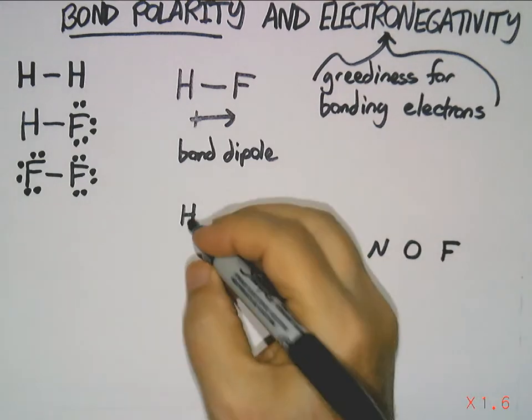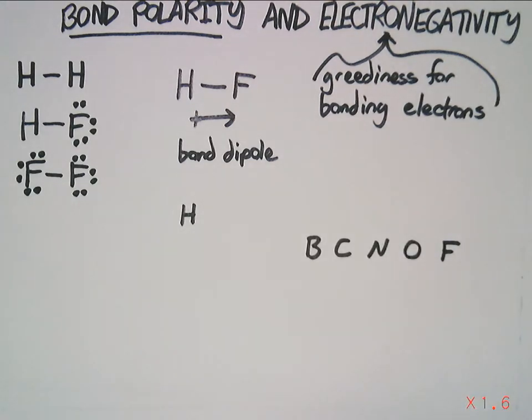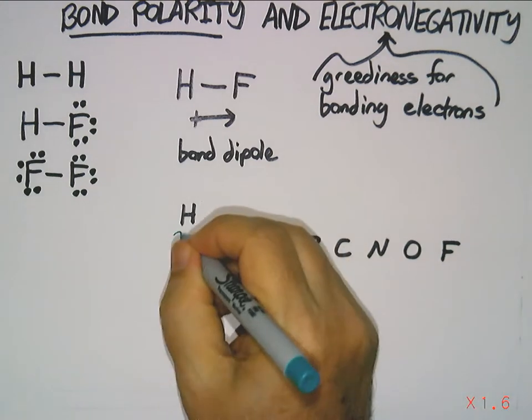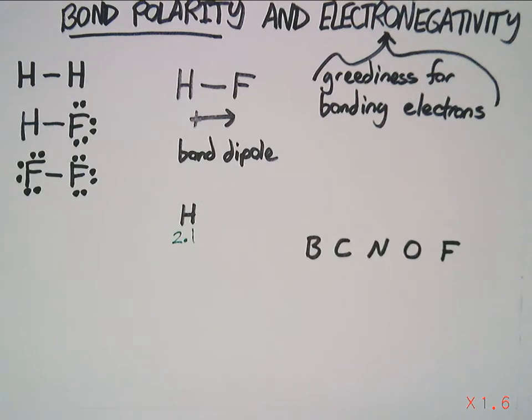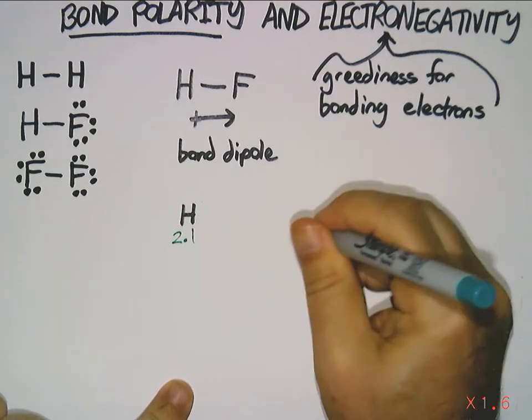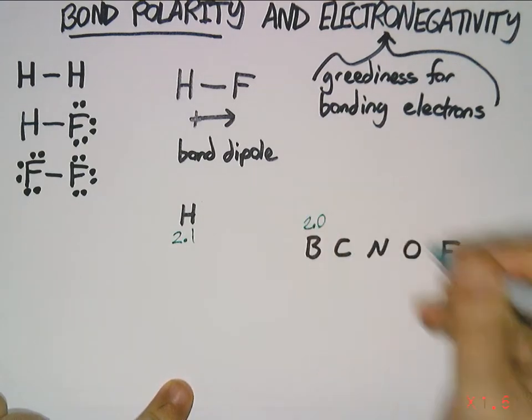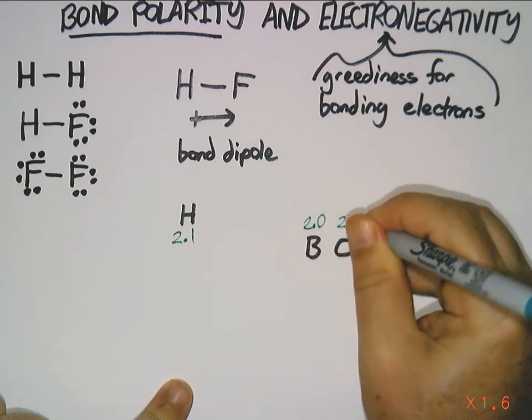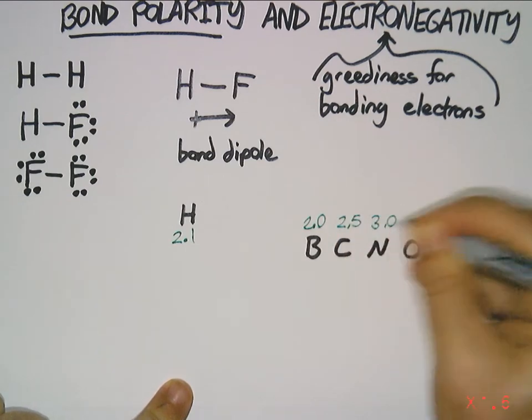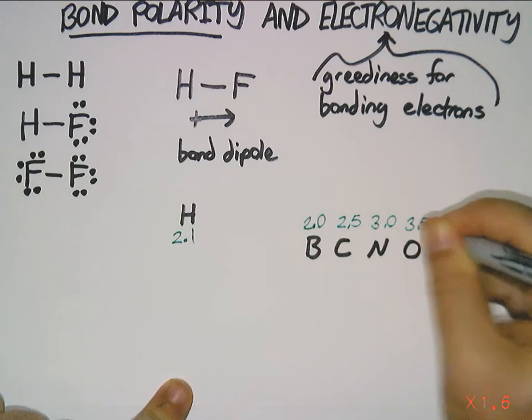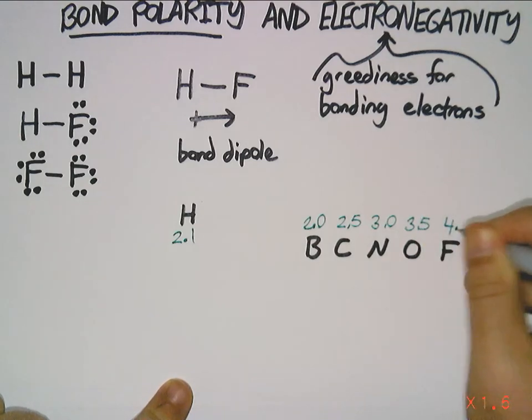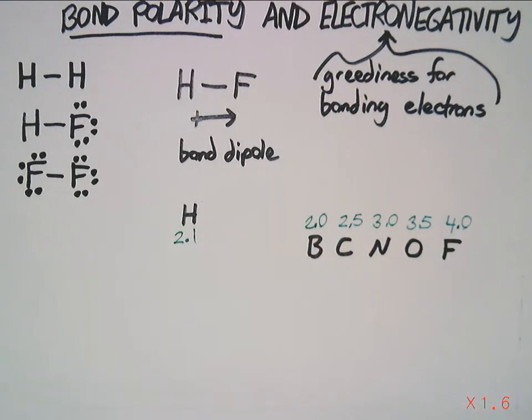Okay, so we've got an electronegativity of 2.1 for hydrogen, 2.0 for boron, 2.5, 3.0, 3.5. So this is a nice simple pattern that we're seeing here.